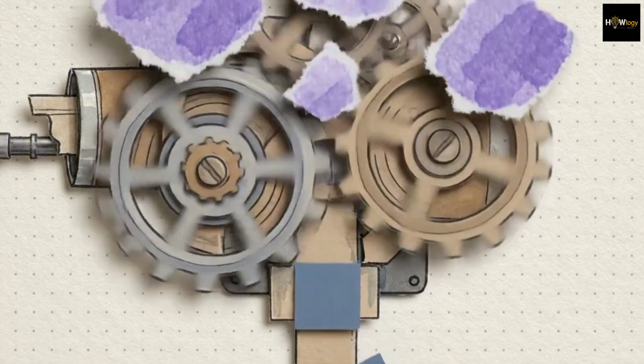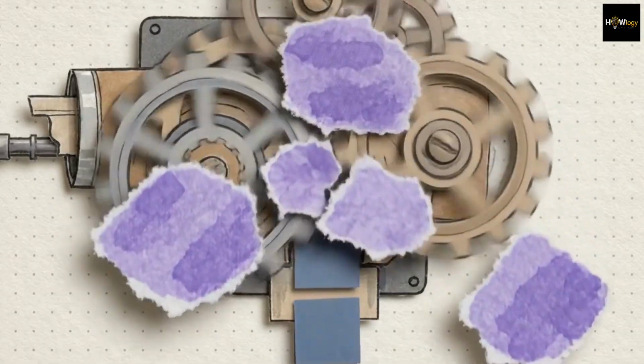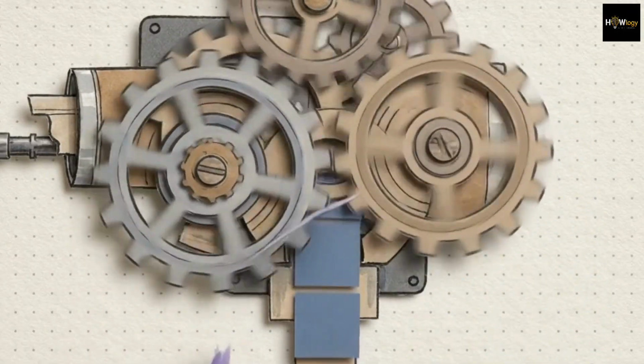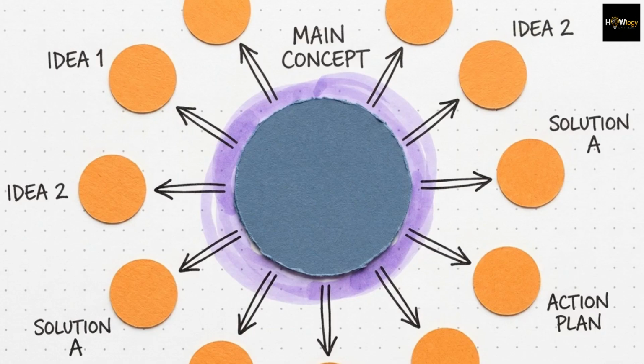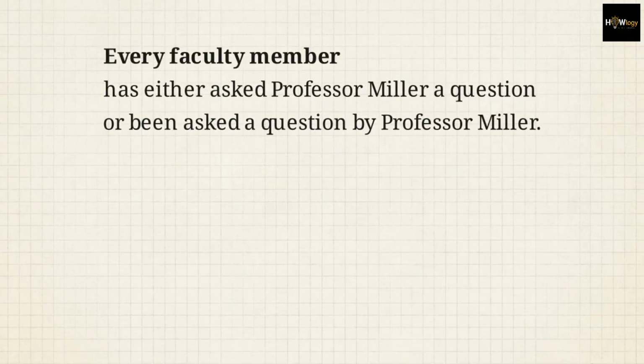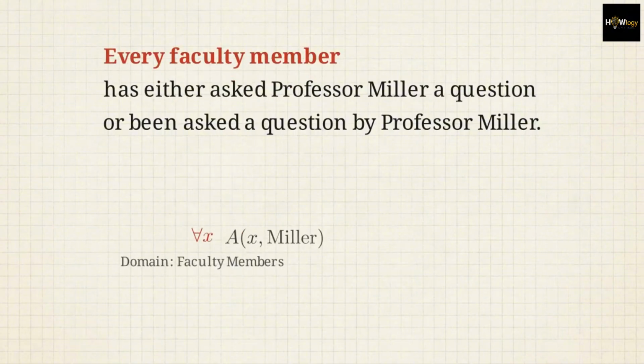Consider this phrasing: "Every faculty member has either asked Professor Miller a question or been asked a question by Professor Miller." To translate, every faculty member deploys a universal quantifier for variable x. We map the two-way relationship, x asked Miller or Miller asked x, linking them with a logical OR operator. The result is a precise string of nested quantifiers, converting a human sentence into pure mathematics.